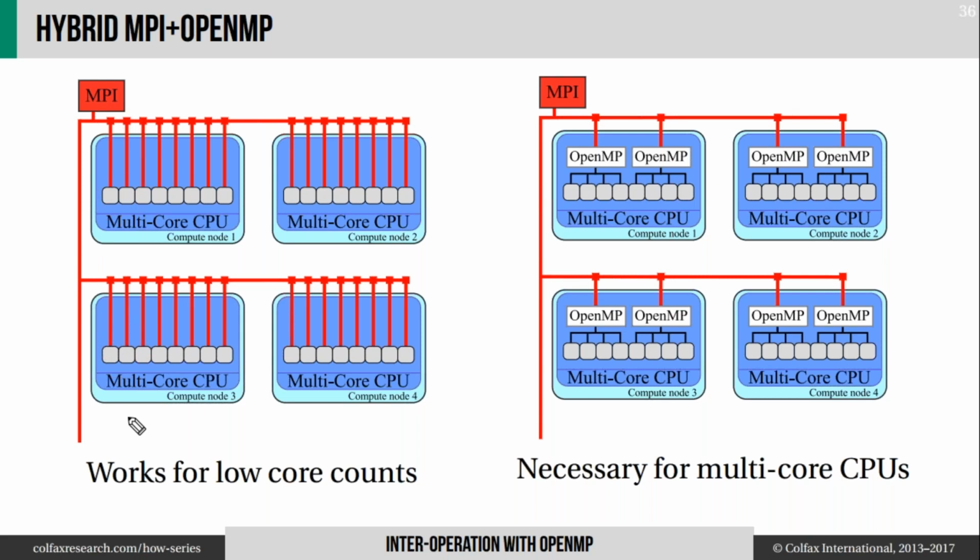But today, when your processors have tens of cores, and if you count logical processors, and if you take Xeon Phi, the maximum number you can get is 288 logical processors. So if you're planning to run 288 MPI processes per Xeon Phi processor, this is likely not going to work.